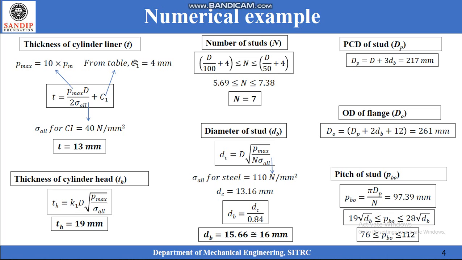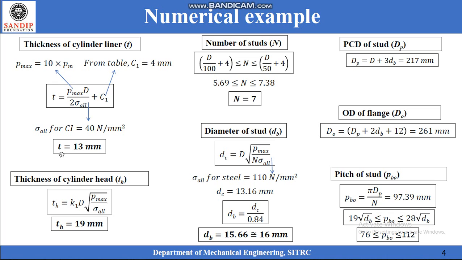Thickness of the cylinder liner can be calculated by this formula. In this formula, maximum pressure is calculated by multiplying mean effective pressure by 10. Sigma allowable is considered as 40 for cast iron, since cast iron is chosen as the material for the cylinder liner. The reboring allowance is taken from the table for the given bore diameter, and it comes out to be 4 mm.